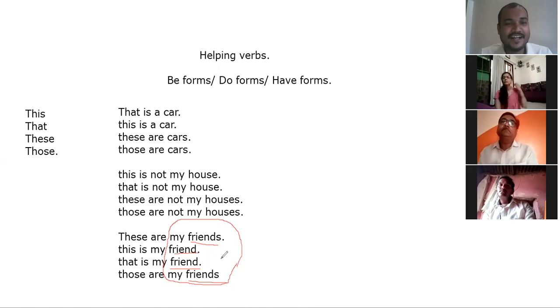So here we are referring to belonging. Of course, those are all human beings, but some exceptions are there. Right? Exceptions. These are my friends. Here we are directly referring to the friend, a man. But this is a small exception.